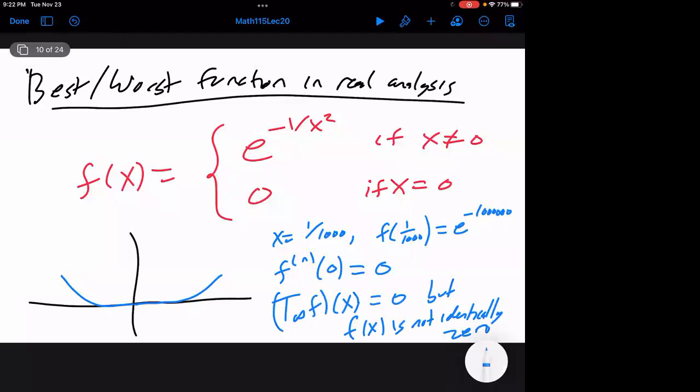So the whole point of this exercise is to just tell you that the subject can get very difficult. This should not be allowed to happen. You shouldn't be in a situation where you have a function where its speed is 0, its acceleration is 0, the jerk is 0, and yet it moves. And so the series converges, it just doesn't converge to our function.